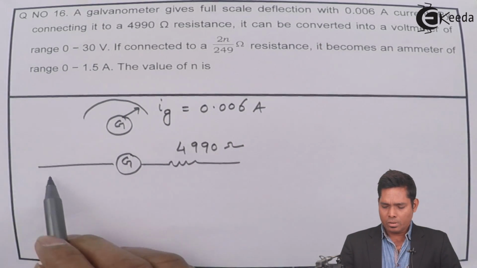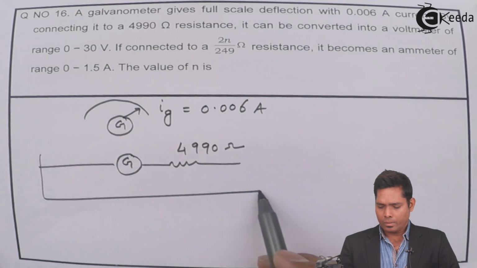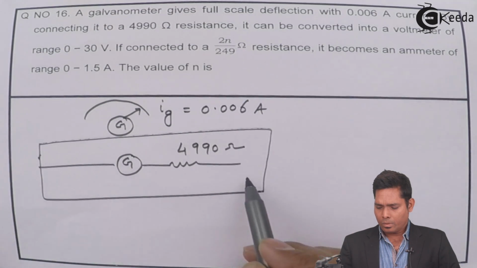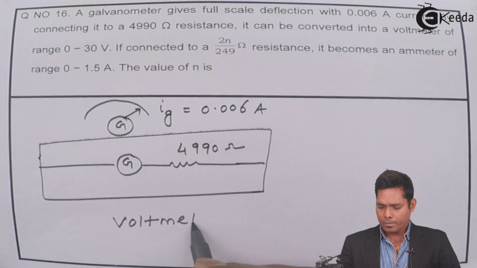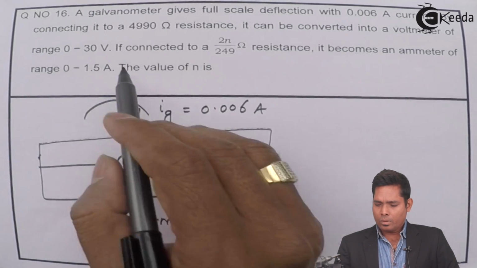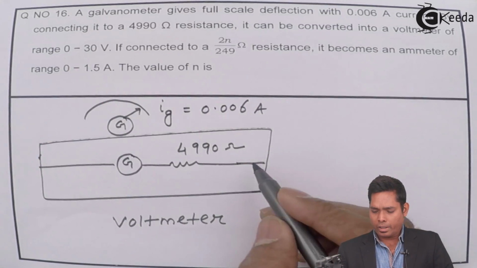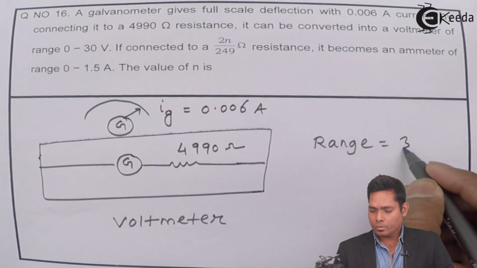So this device will now become a voltmeter, and it can measure up to 30 volt. So the range of this voltmeter is 30 volt.